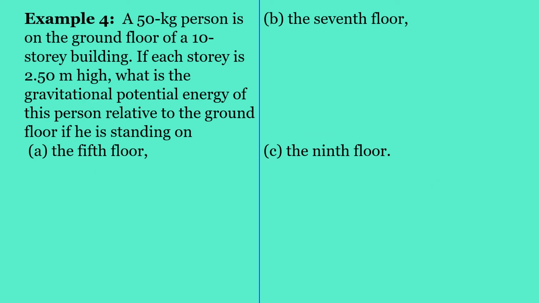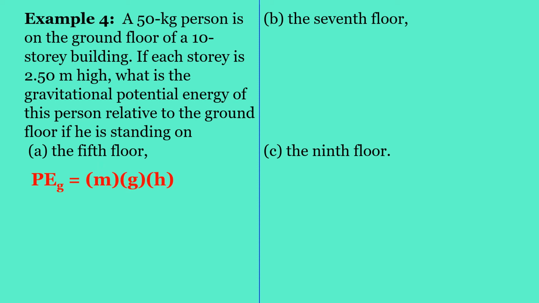Example 4. A 50 kilogram person is on the ground floor of a 10-story building. If each story is 2.50 meters high, what is the gravitational potential energy of this person relative to the ground floor if he is standing on the 5th floor?